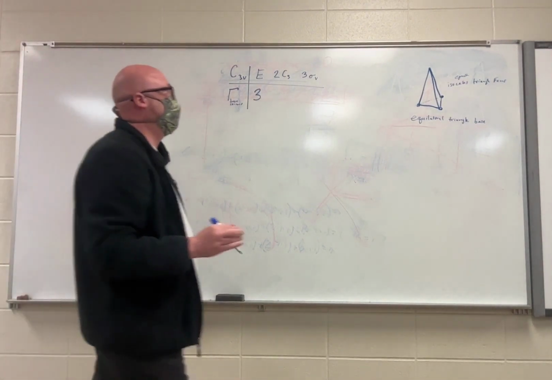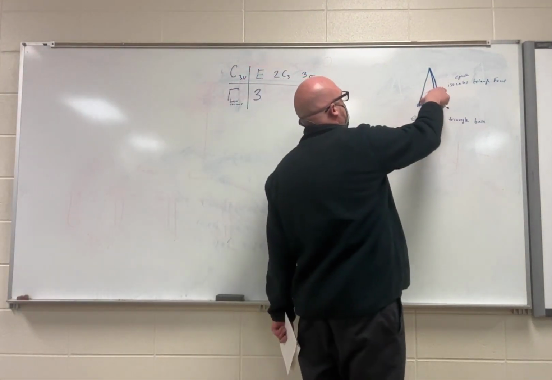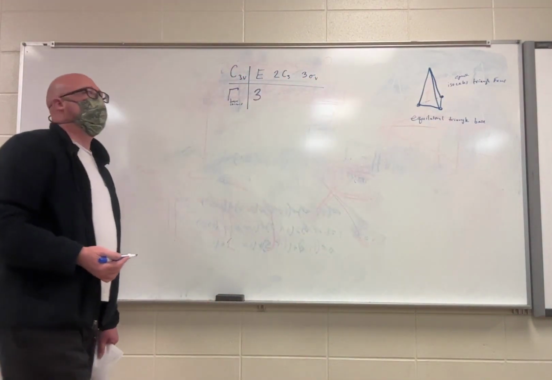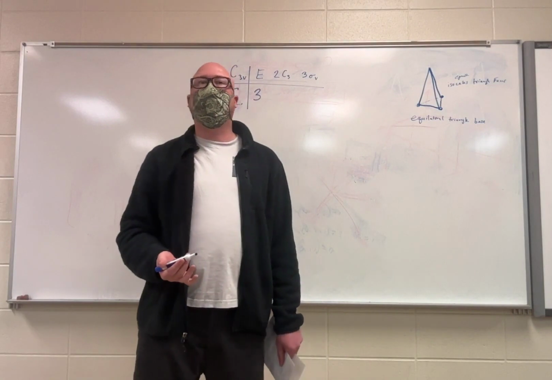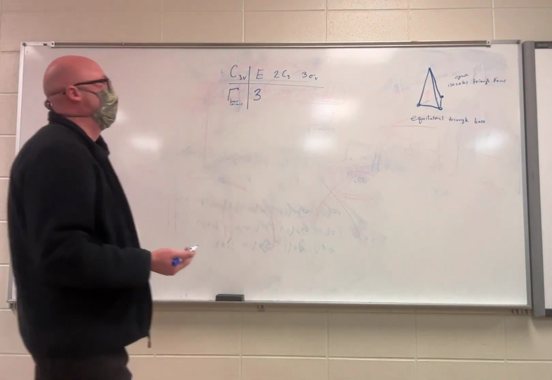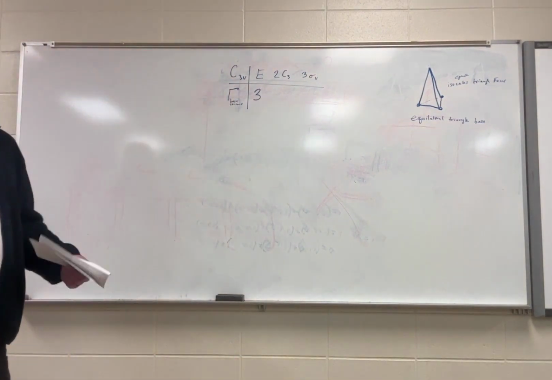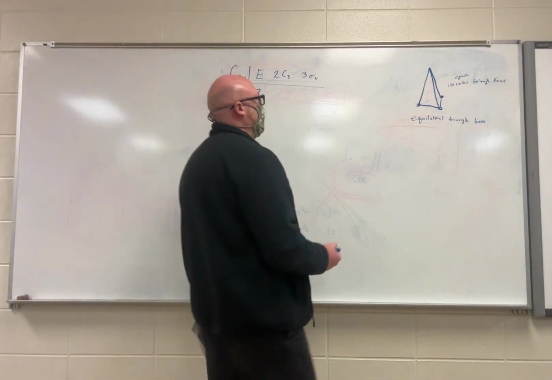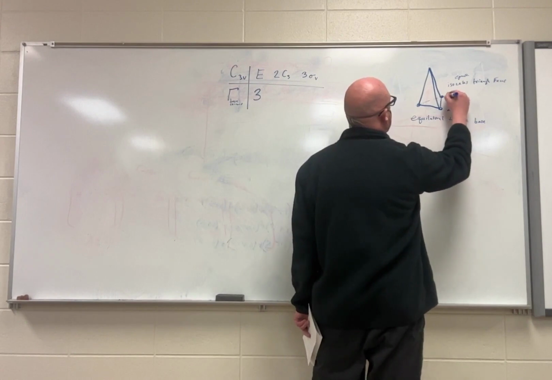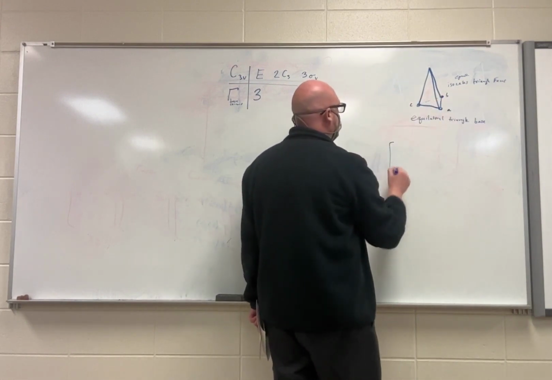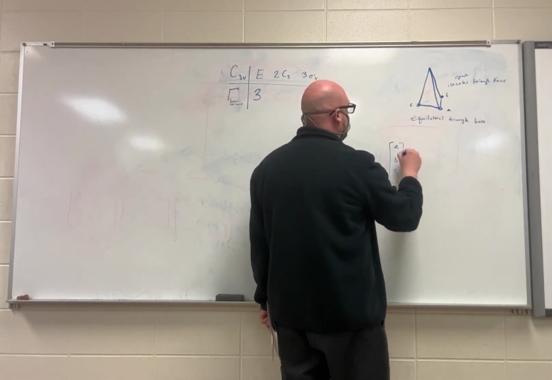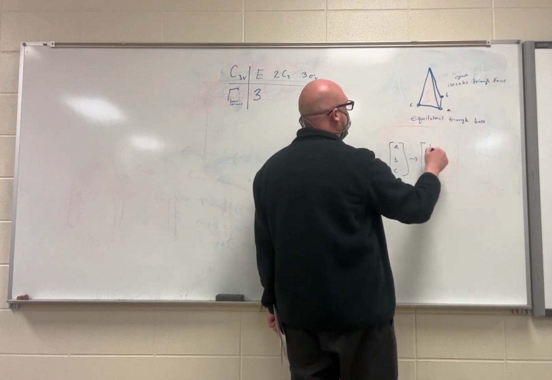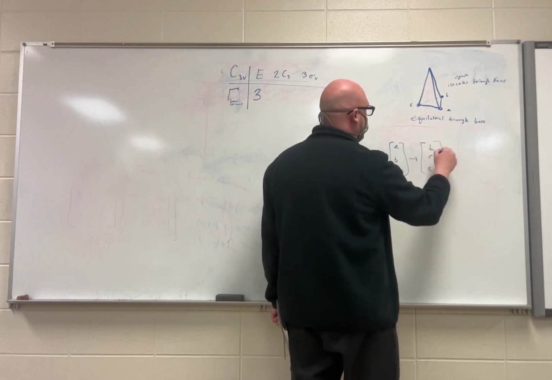Now notice if I take a C3, each point rotates to some other point. And so they contribute 0 to the character. When I write the transformation matrix, there are no diagonal terms. So if I have A, B, and C here, and I do a C3, A goes to B, B goes to C, C goes to A, for example.